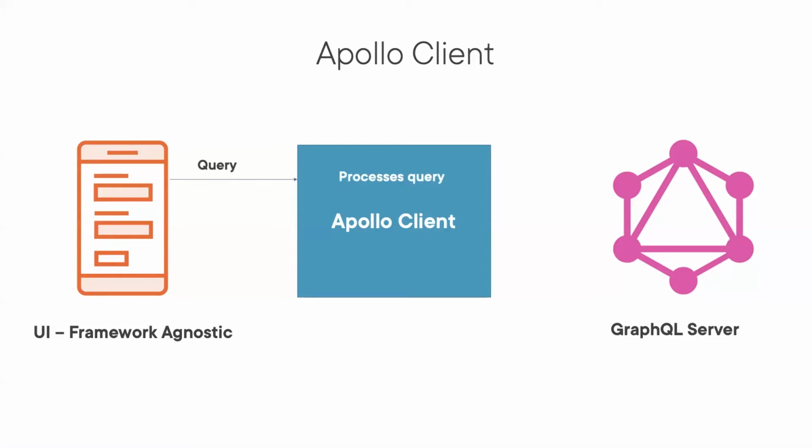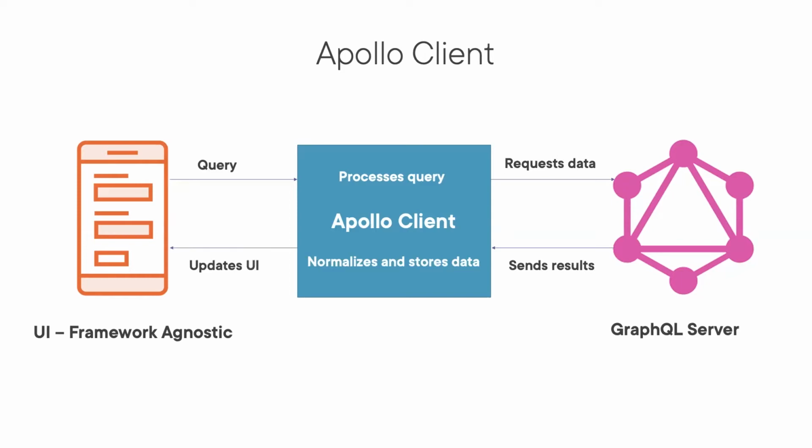The Apollo Client processes this query and sends the request to the GraphQL server along with that query. Now our GraphQL server sends the response back to the Apollo Client. And here the Apollo Client normalizes and stores the data and sends it to the presentation layer, which is our UI, and it automatically updates our UI.